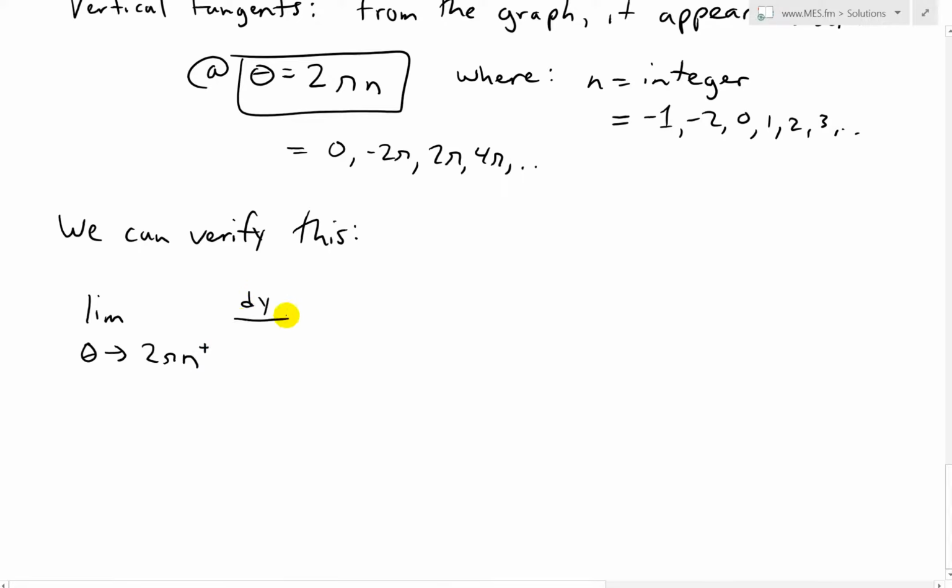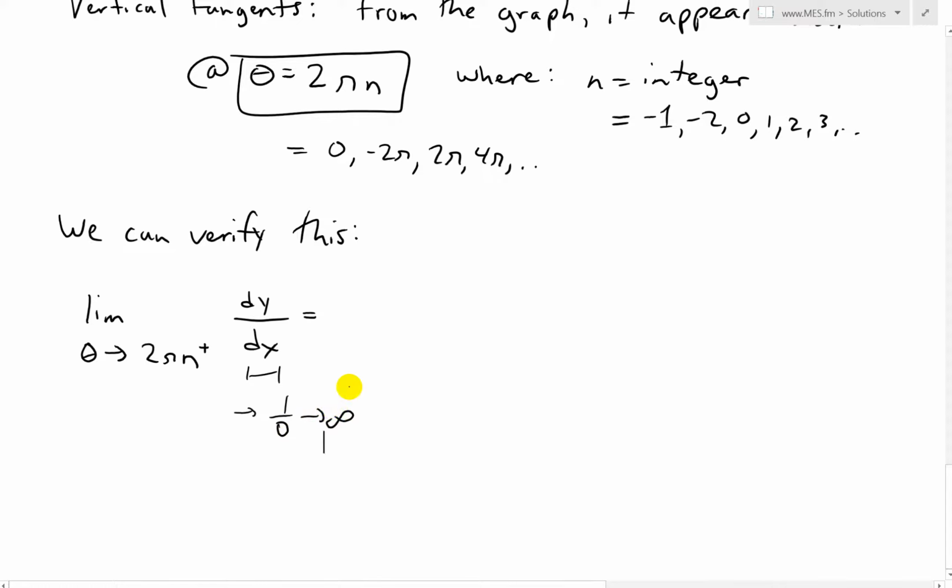So we take the limit of dy over dx, the derivative, to see where it goes, because if it's a vertical asymptote, we want the bottom to be 0, so we have a 1 over 0 that approaches infinity. That's the only way you get a vertical asymptote like that.